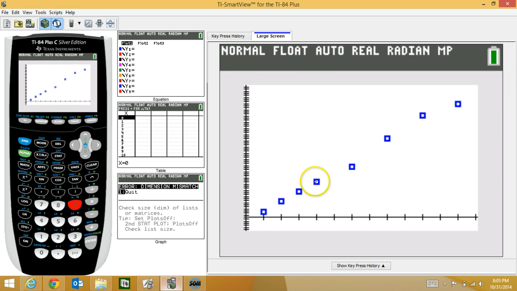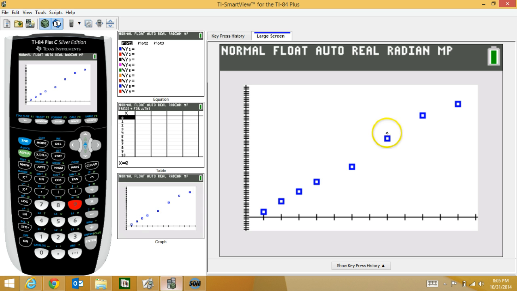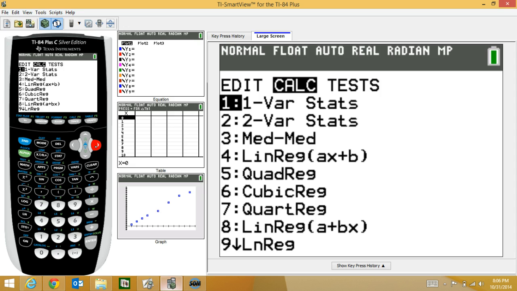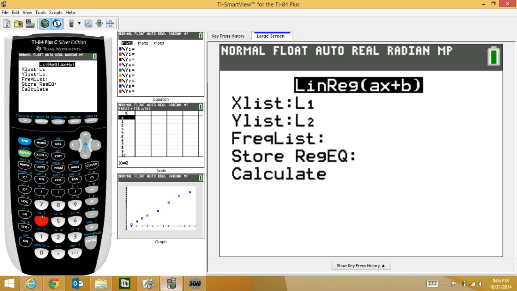And again, it looks like the data fits pretty close to a line. So I would expect something in the area of 0.99 something for this one, just to make sure. Then we're going to run the linear regression. So we hit Stat, right arrow to Calc, and number 4, the linear regression.